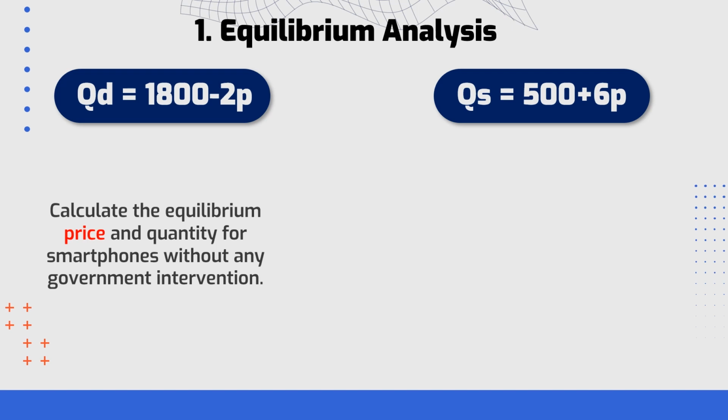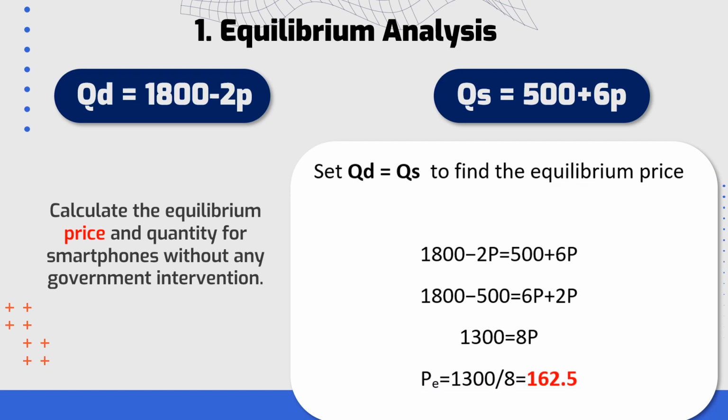So the basic idea of this subtask is to calculate the equilibrium price and quantity for smartphones without any government interventions. No subsidies, no taxes are imposed right here.